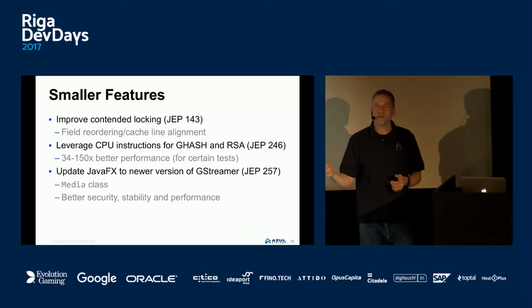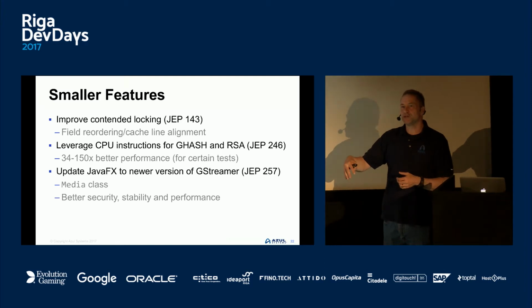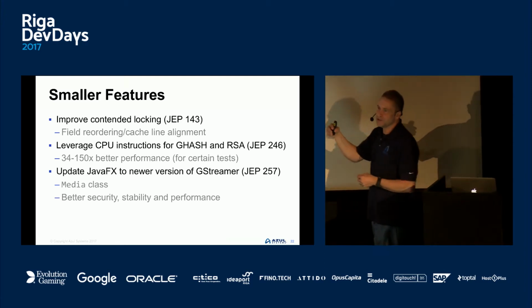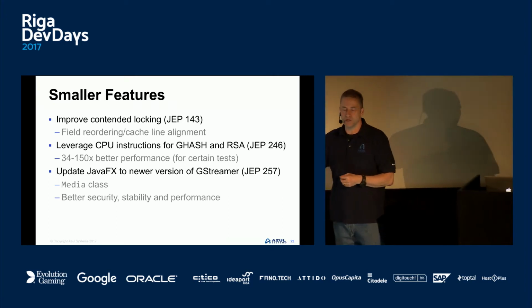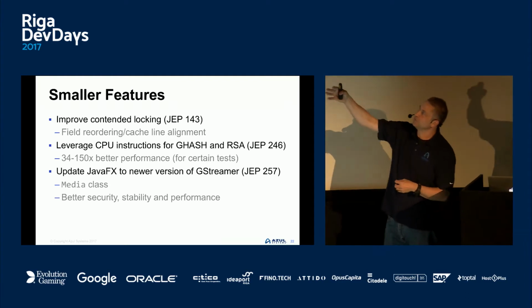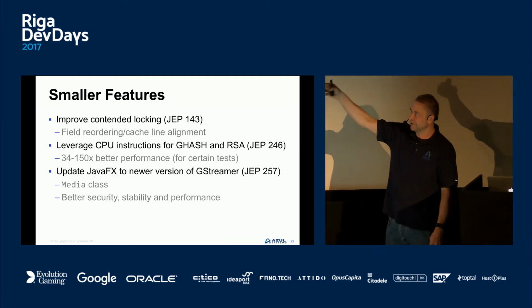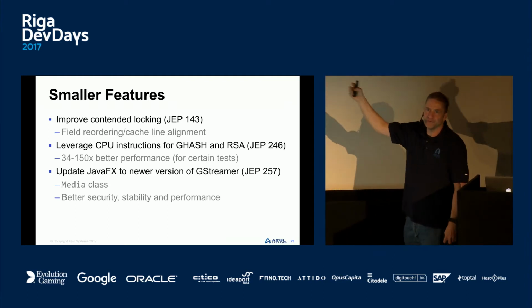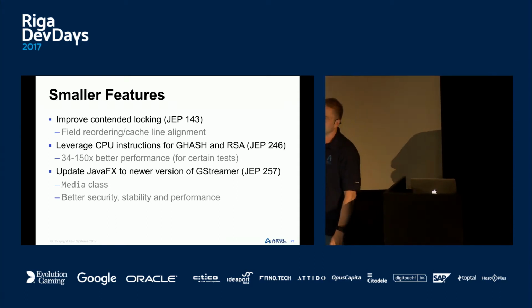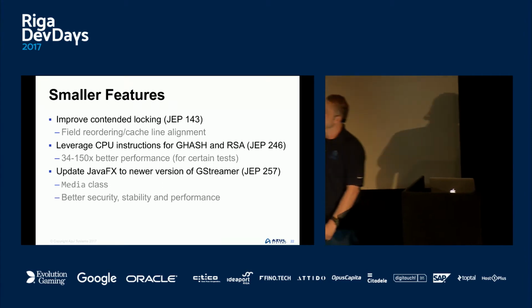It's also using machine instructions at the processor level to improve the performance of some of the cryptography APIs. And what we've seen is that you get somewhere in the region of, depending on what test you're running, 34 to 150 times better performance in terms of encryption and decryption using this way of doing things.